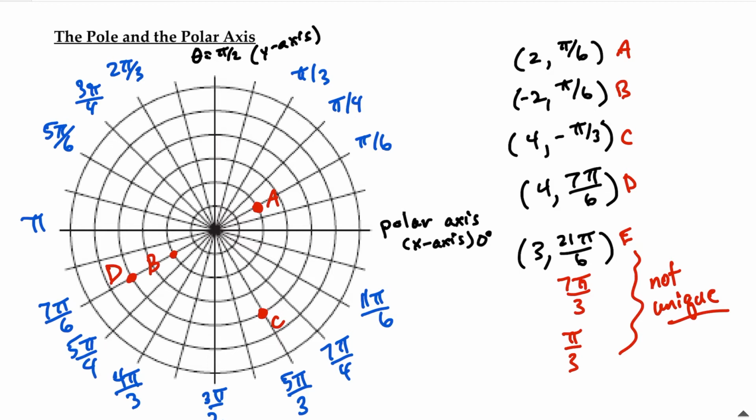So it's a little bit different than in rectangular coordinates, where if I say 3, 4, that's the only way you can represent that coordinate. So just keep that in mind. We don't have that uniqueness, so measuring angles in a particular way is going to be a skill that we kind of develop. So this is the same as 3, pi over 3. So we'll just note these are all the same coordinate. So 3, pi over 3 is going to be here.